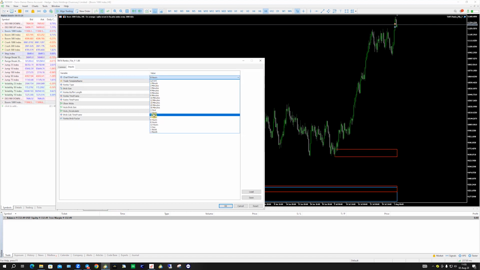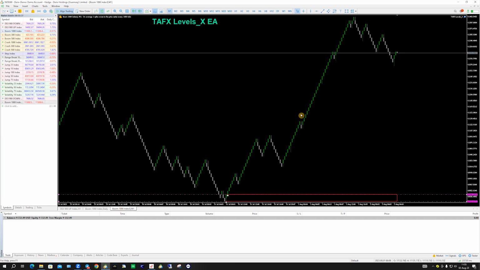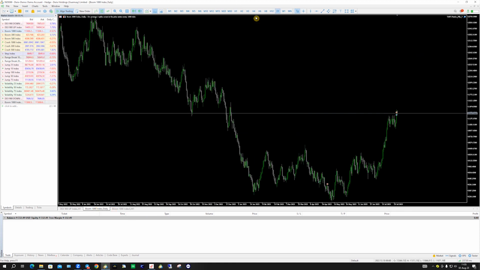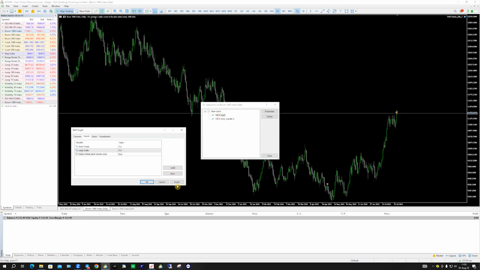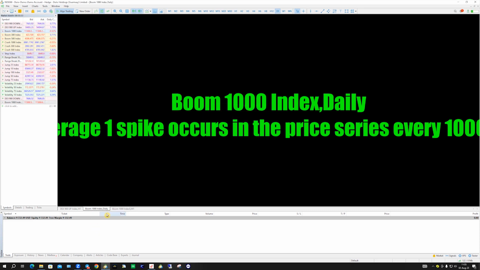I can just set it to daily, and then it will confirm from the daily time frame, and then give us the trend in this Renko chart. What's going on with my internet, guys? Just a minute.